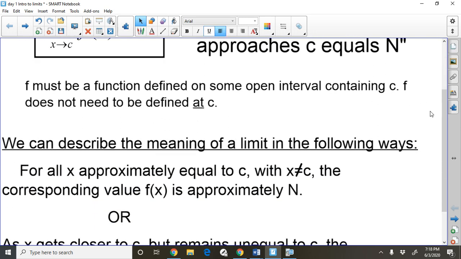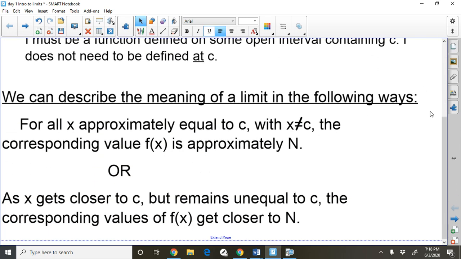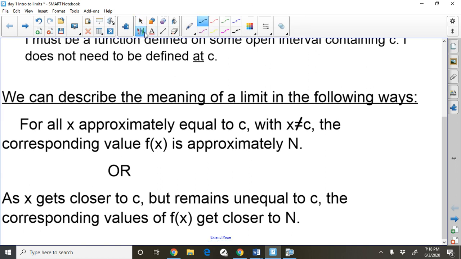Here are a couple ways to describe the meaning of a limit, and these probably sound pretty similar. One way is to say, for all x approximately equal to c, with x not equal to c, the corresponding value f of x is approximately n. Now remember, when we talk about f of x, what we're talking about there is the y coordinate.